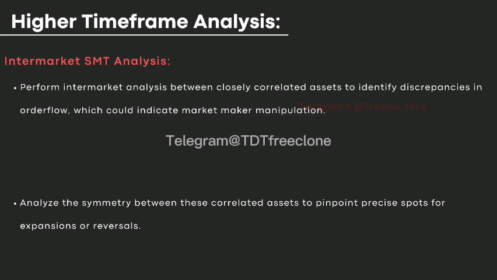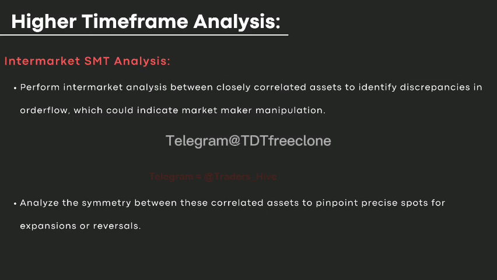And these discrepancies will reveal the potential market maker manipulation to you, which you could then use to exploit potential swings and expansions in price action. Your job is to analyze the symmetry between correlated assets or pairs and look for alignment or divergence in their movements.